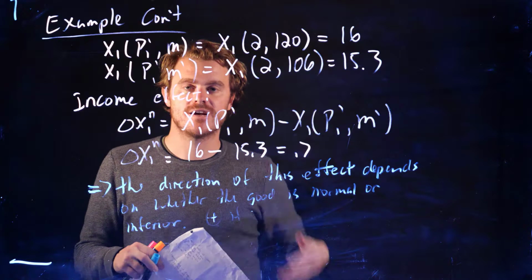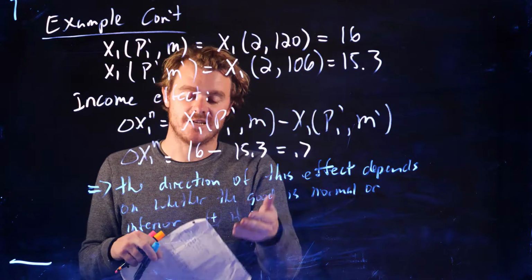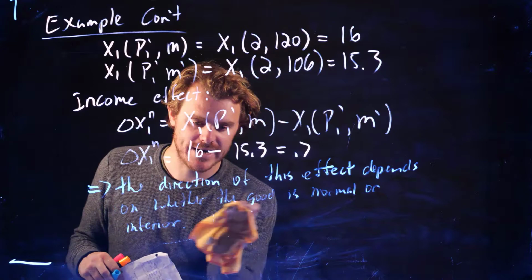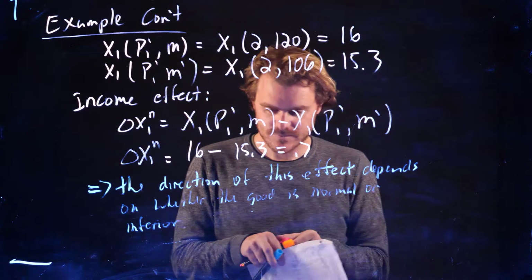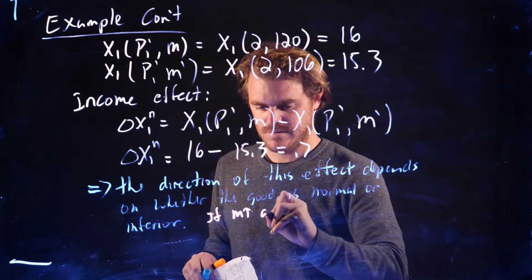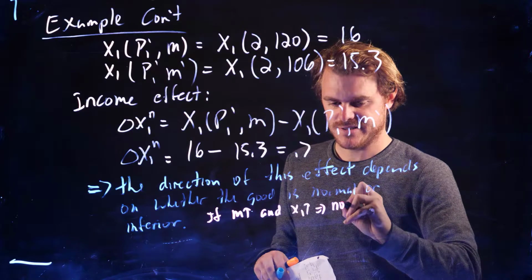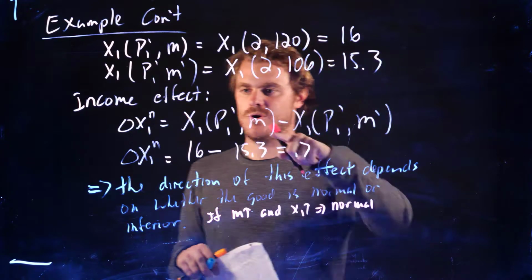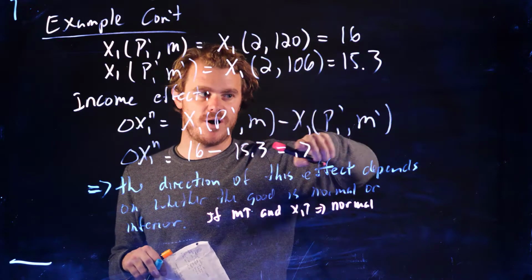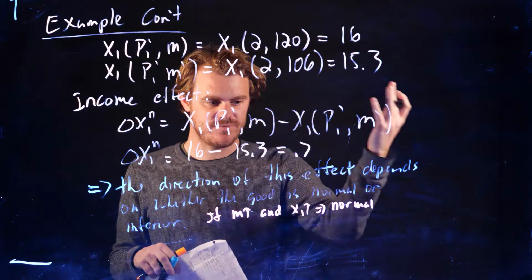If income goes up and we purchase more of this good, then it's going to be normal. So maybe I should write it out that way. That's a normal good. So if this effect is positive, we have a normal good.